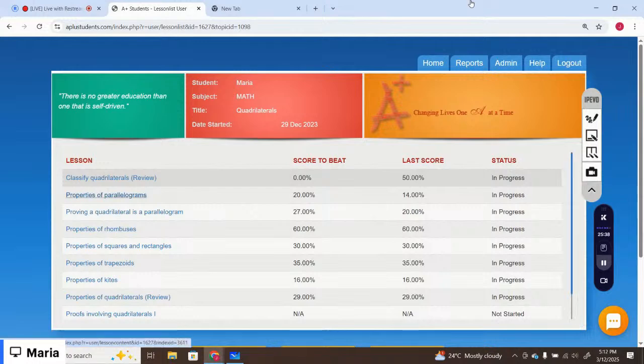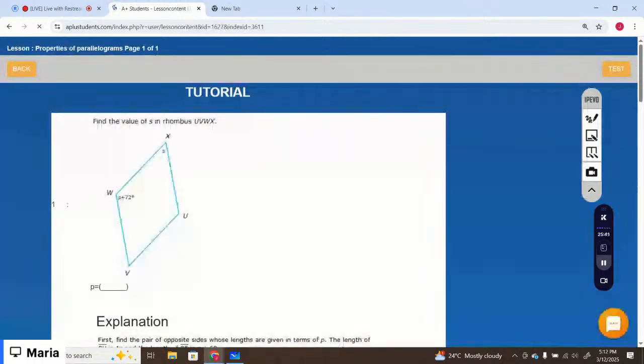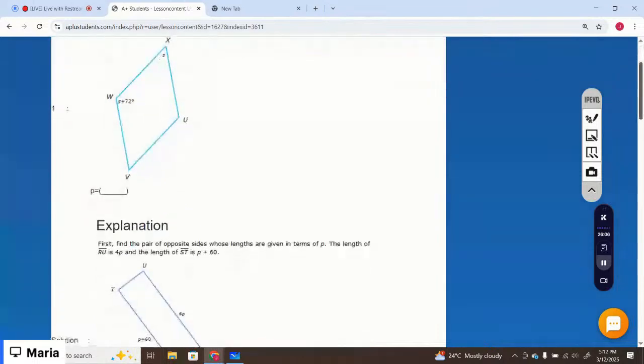The next lesson is properties of parallelograms. Find the value of S in numbers UVWX.